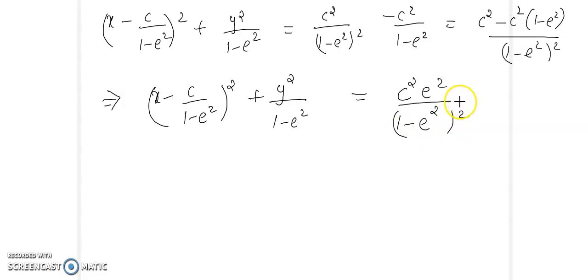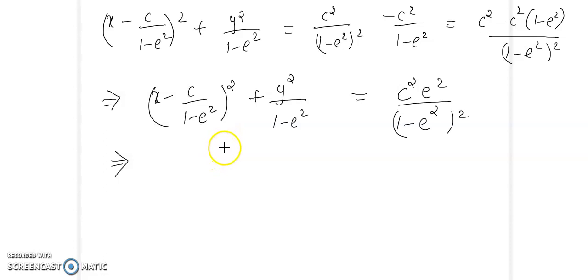Now here this is centered at the point C by 1 minus E square, 0. Now we will shift the origin to C by 1 minus E square, 0 and the axes will be remaining parallel.